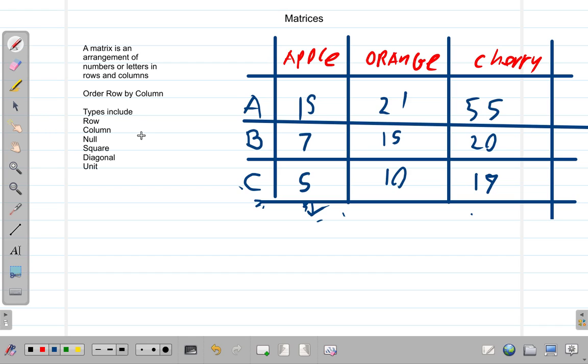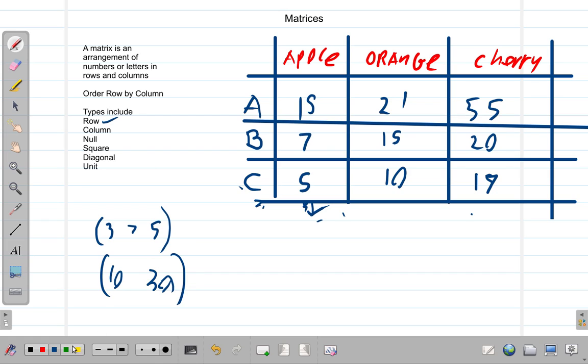So, here now, the row matrix is really a matrix consisting of one row. Suppose you say 3, 7, 5. That's a row matrix. It has one row. It doesn't matter how many columns you have. If you have 10, 30, that's a row matrix. All right? So, that is the row matrix.